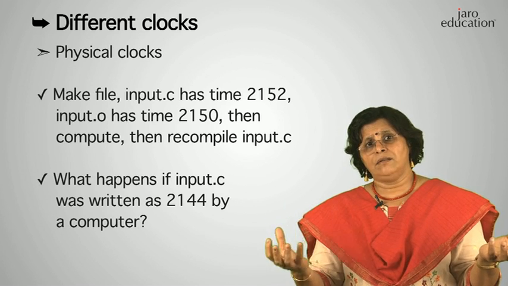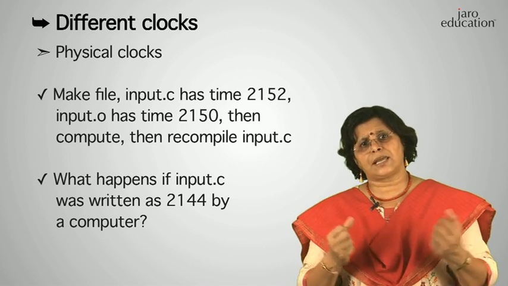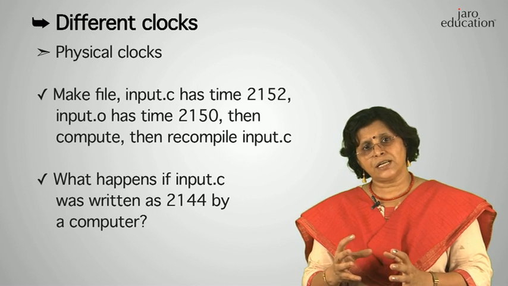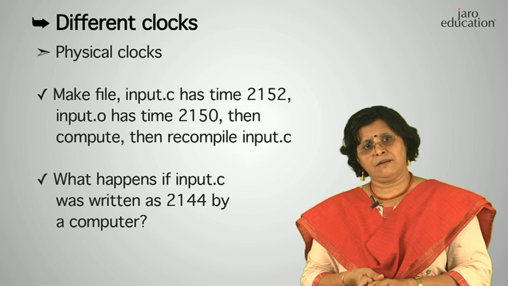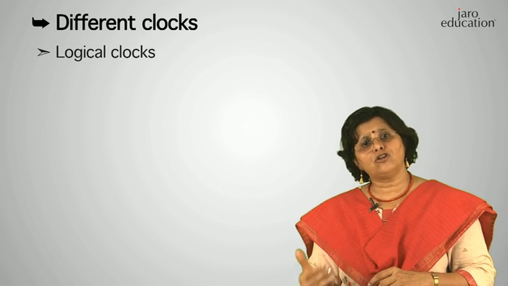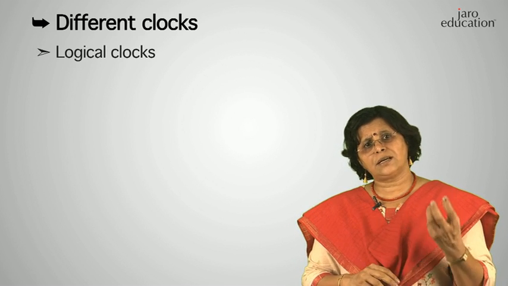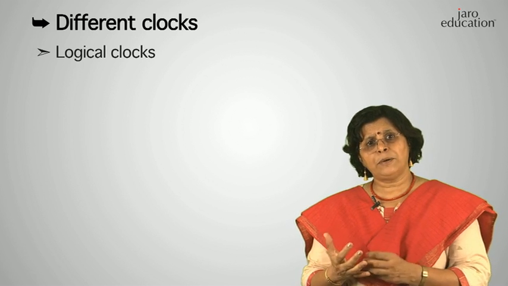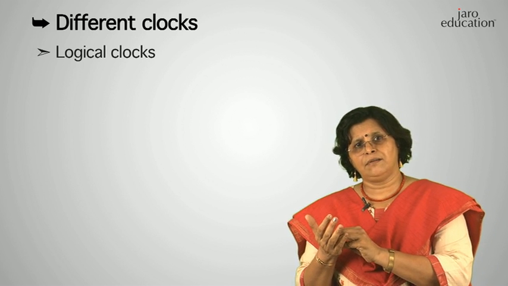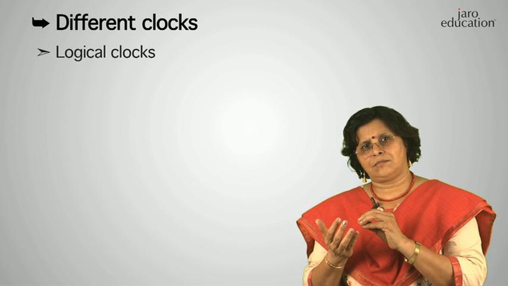And this is where the concept of logical clocks came in. Physical clocks exist in a distributed environment, but for some processes, we can use the concept of logical clock. What does the concept of logical clock say? It says that you have a particular event happening here, say at time x.